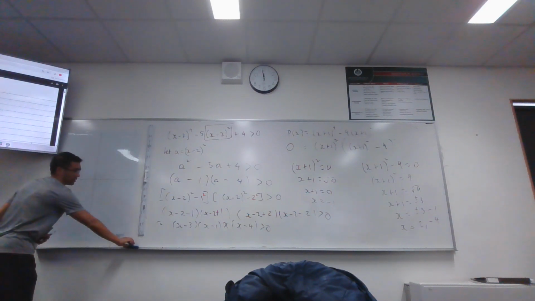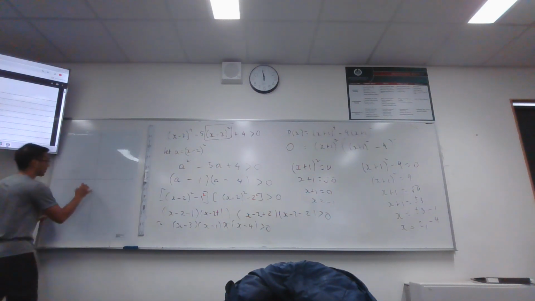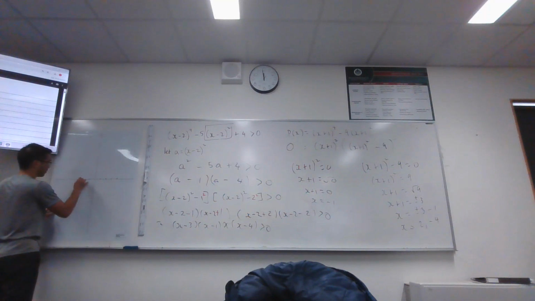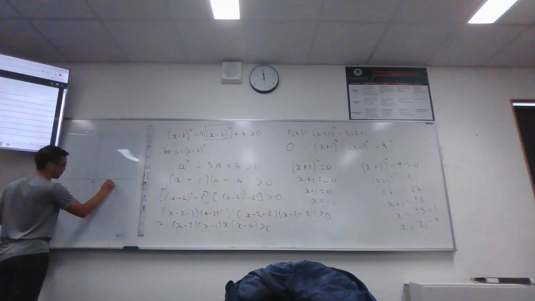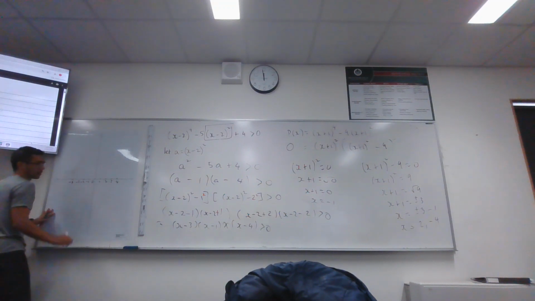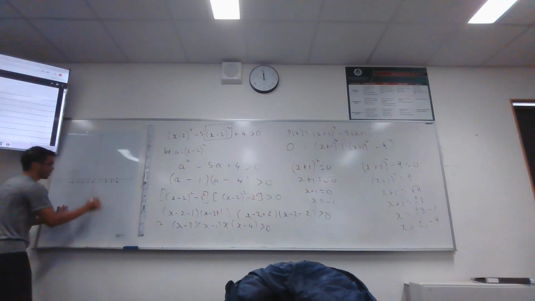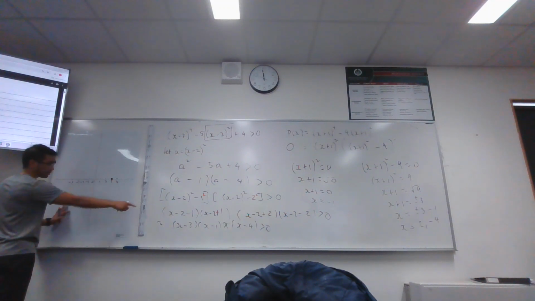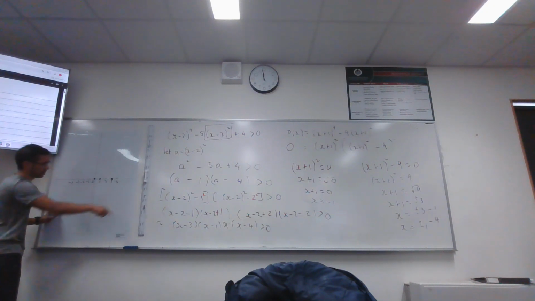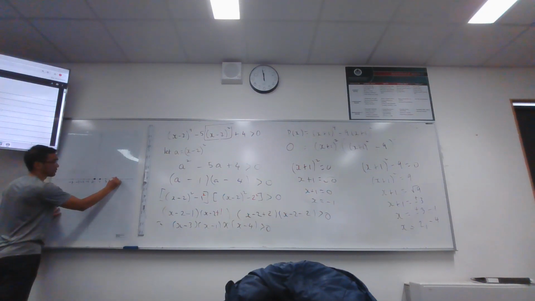But we haven't solved anything yet. Okay, x minus 3, that's x equals 3. X minus 1, x equals 1. Got 1 at 0 and 4.